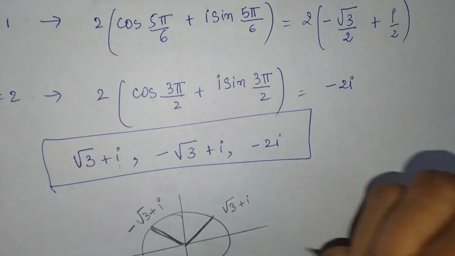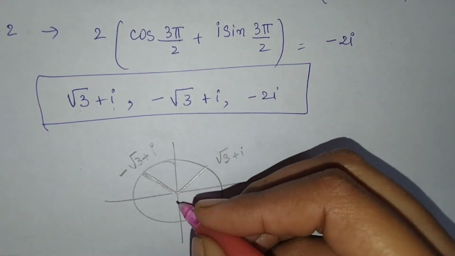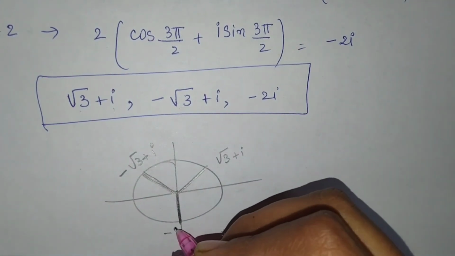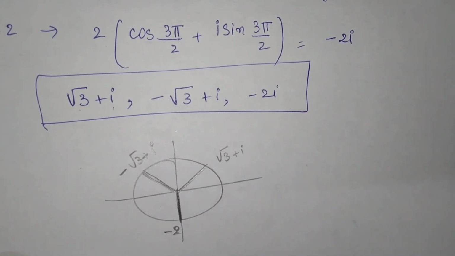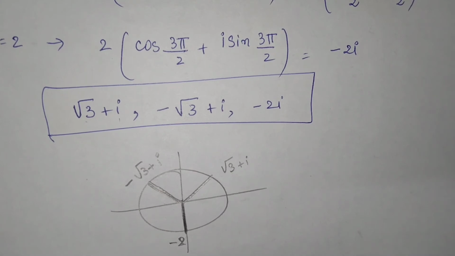And minus 2I is imaginary, so it will be on the imaginary axis, and minus means it will come downward, so minus 2. So this is the plot you are getting. In this way you have to plot the roots if you are asked to plot them.